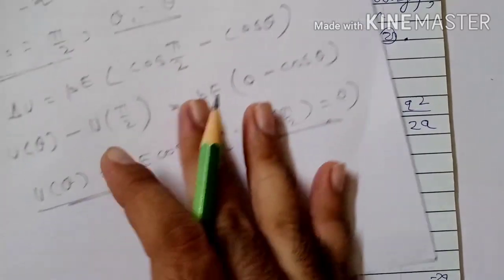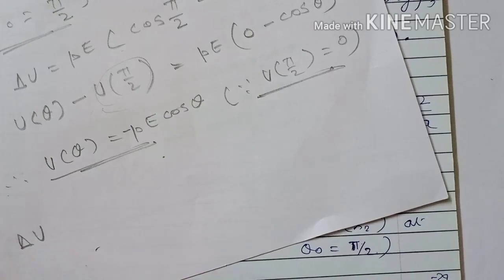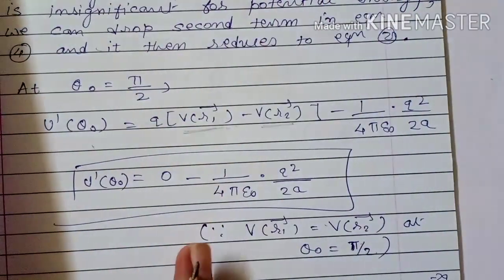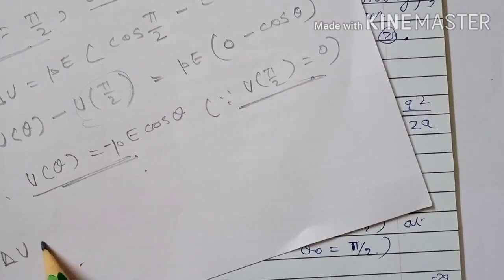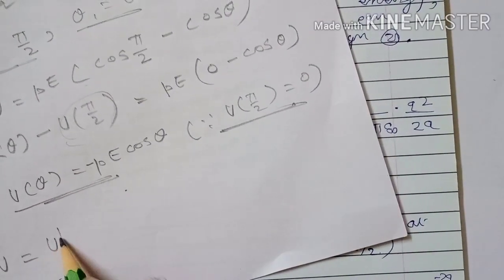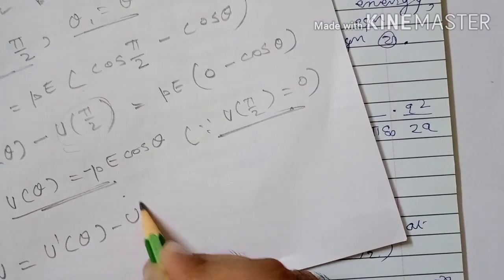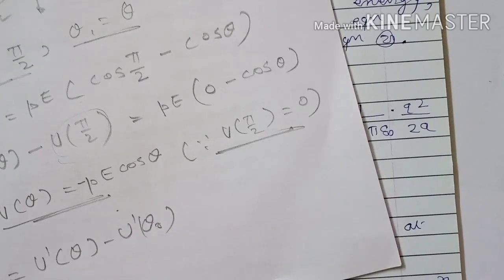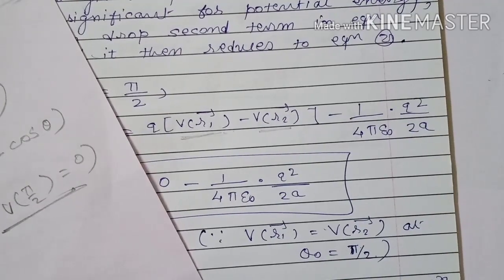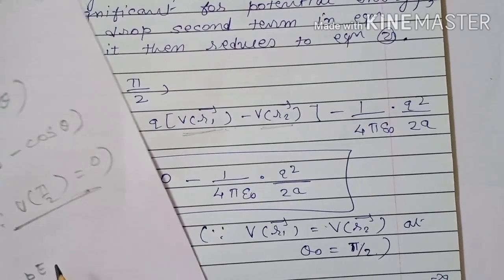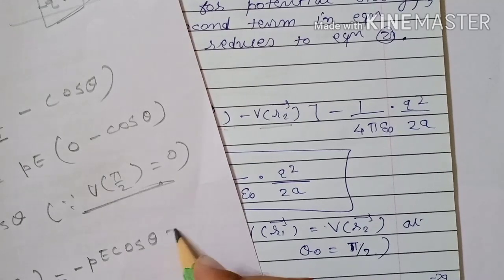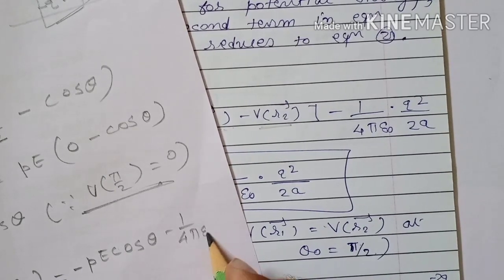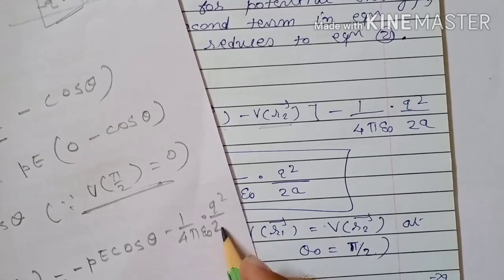Now here if we find change in potential energy, delta u, using these two equations, equation number 4 and this equation u dash theta naught, then delta u is equal to u dash theta minus u dash theta naught is equal to minus pE cos theta minus 1 upon 4 pi epsilon naught into q square upon 2a.